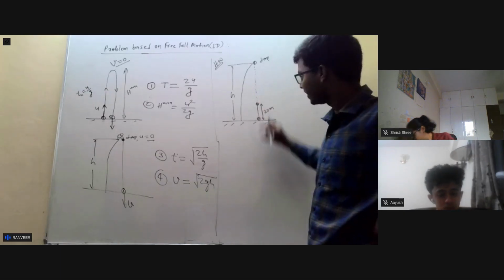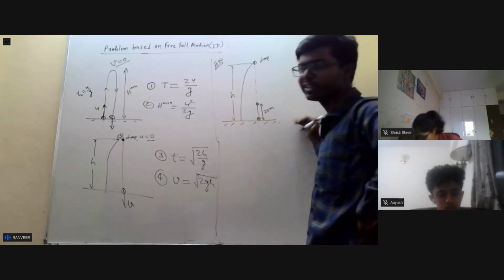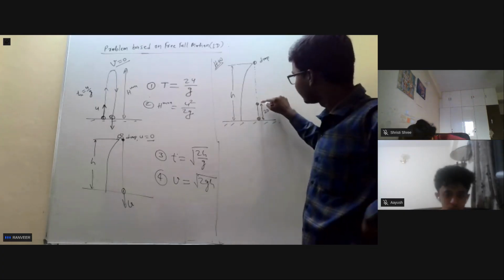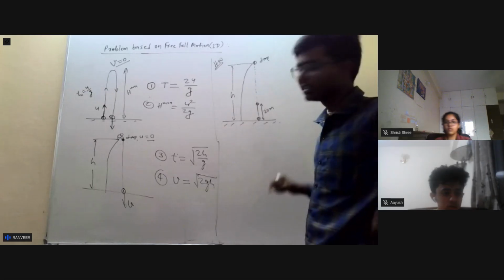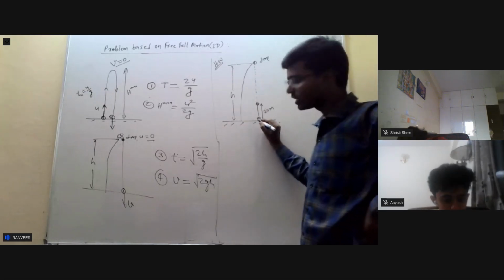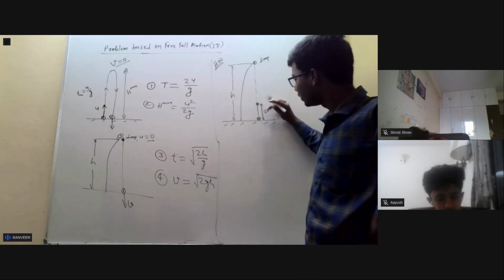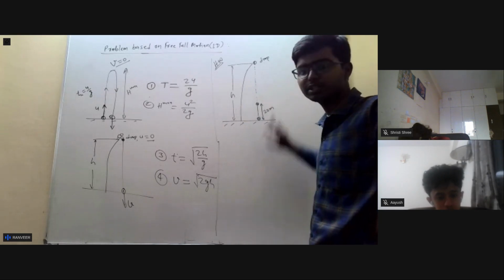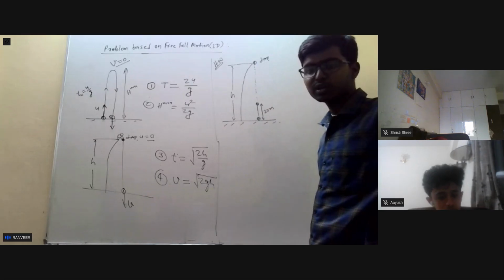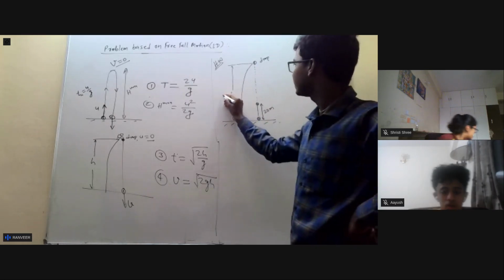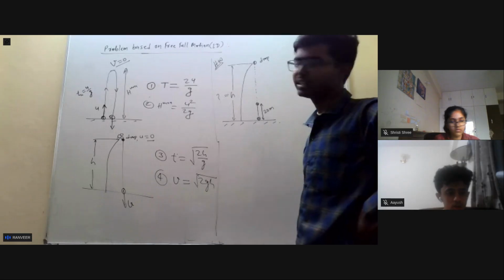This last second, for example, if it hits the ground in 5 seconds, then from 4 to 5 seconds; if it is 3.4 seconds, then from 2.4 to 3.4, how much is it traveling? That is 20 meters. Nobody asks what is the height of the tower, correct?